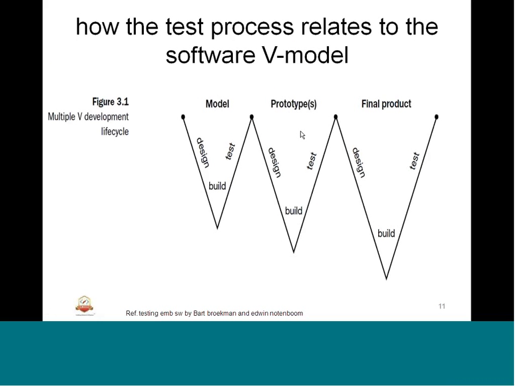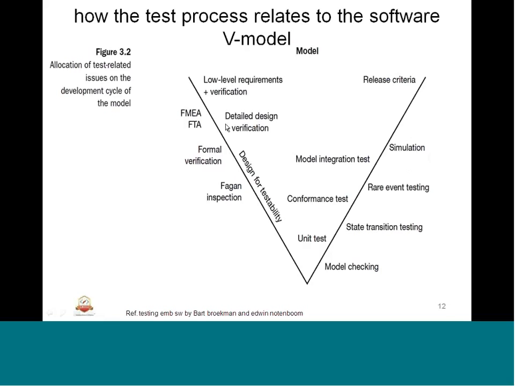The model has failure mechanism and analysis, low level requirements, detailed design verification, and we have simulation, rare event testing, state transition testing, and model checking. All of these are aligned with the various life cycle artifacts.